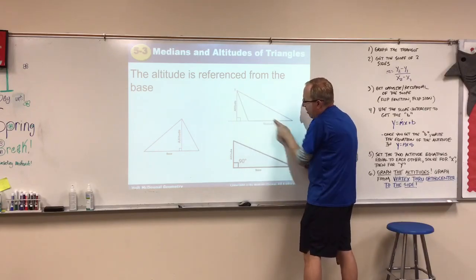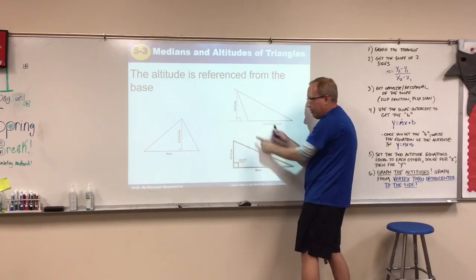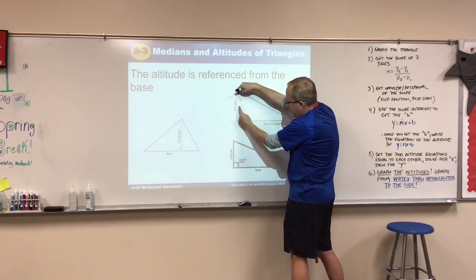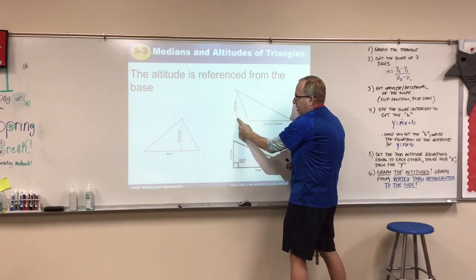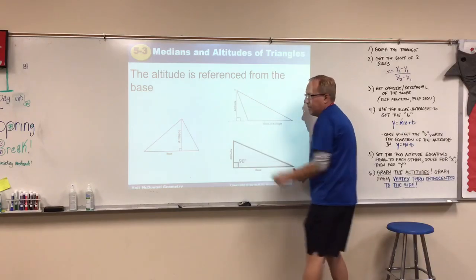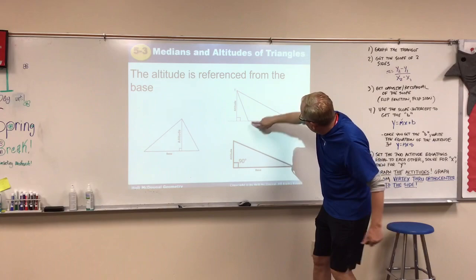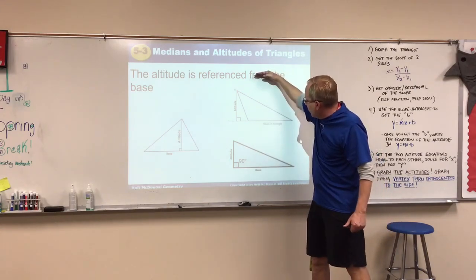I can't draw a perpendicular line anywhere on the inside of this. I have to keep going outside before I reach a perpendicular line. That's why this is on the outside. Secondly, when we reference this as a base, we look at how tall is this triangle.